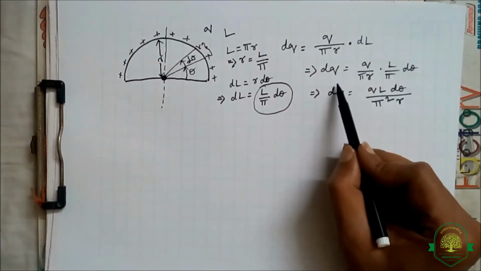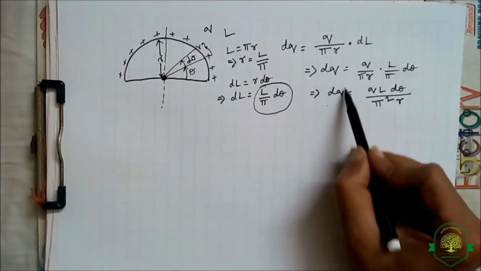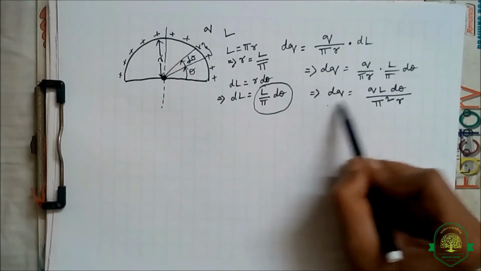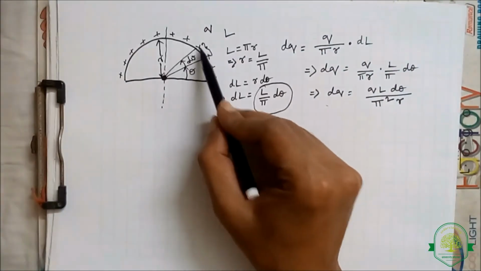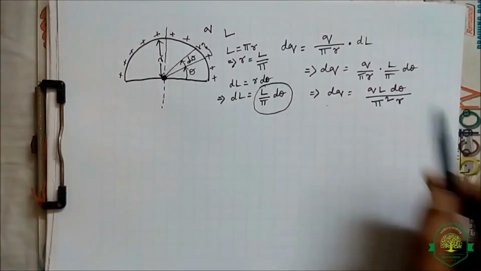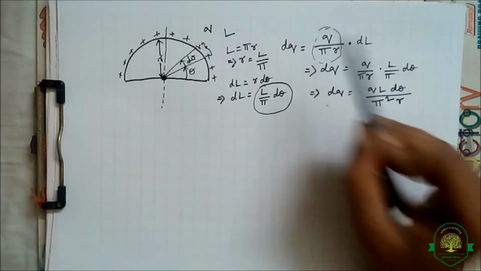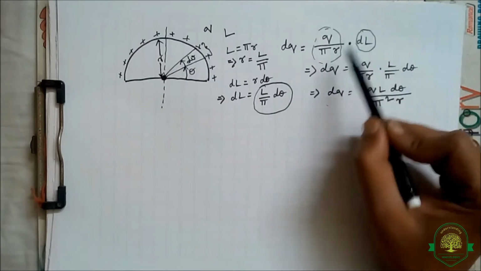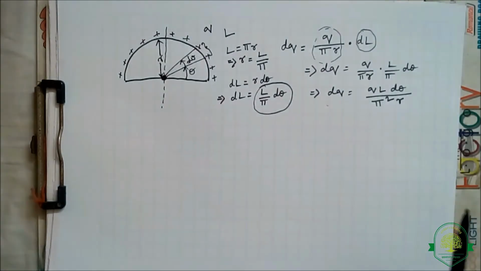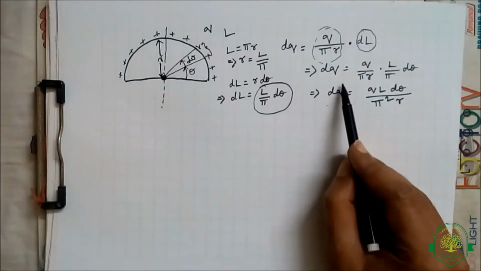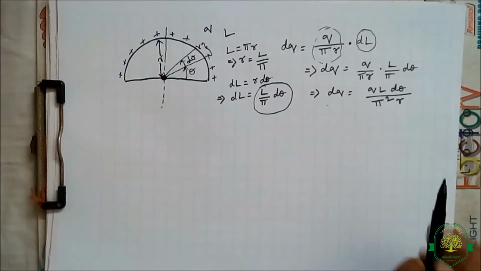To repeat, how did we find out what dq is? dq is the charge carried by this portion of the semicircular wire. dq is charge per unit length multiplied by the length of the small segment whose charge we are interested in finding. So this is what dq is.